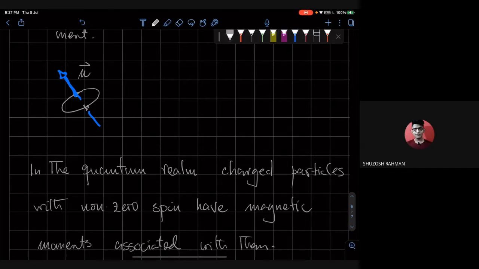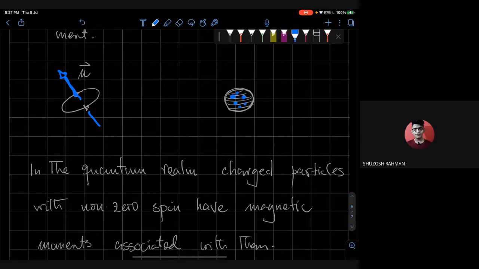And if you think about it a little, it does make sense. What is a classical picture of a charged particle? A classical picture of a charged particle is some sort of very tiny sphere, which has some charge distribution on it.